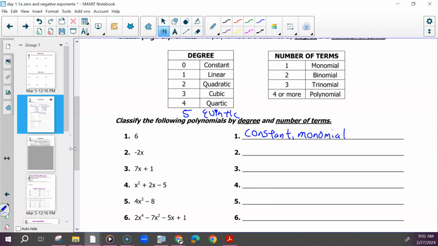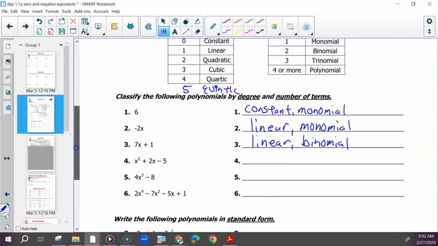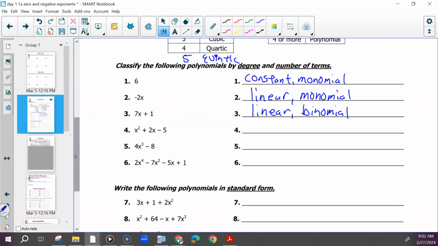Right, number 2? Linear monomial, because it has an x. Number 3? Linear binomial. It has 2 terms and it only has x. Number 4? Quadratic trinomial. There's an exponent of 2 that makes it the quadratic, and there are 3 terms.